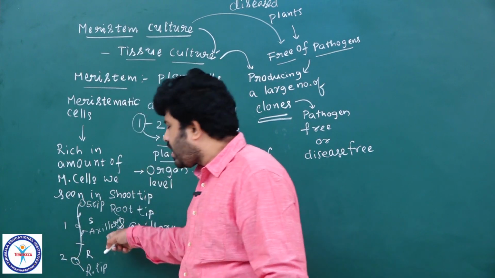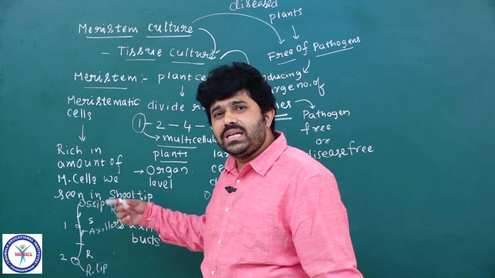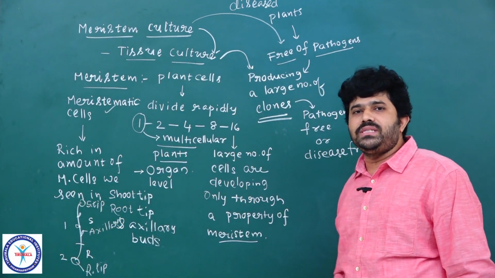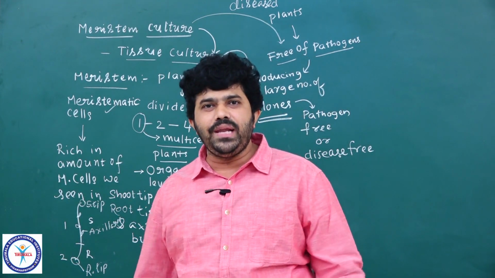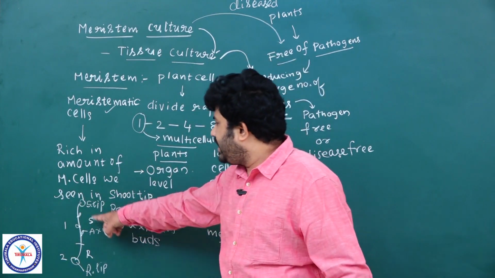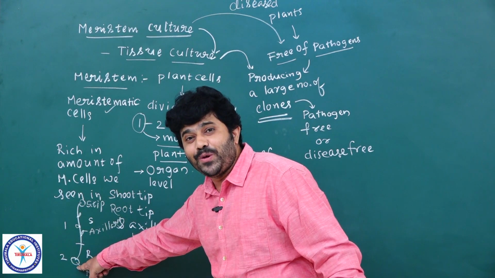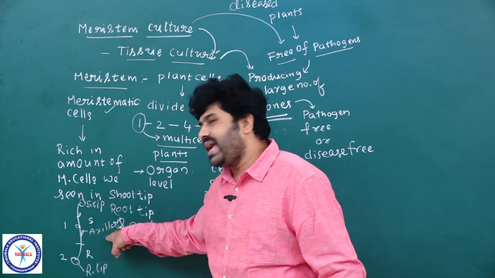These axillary buds are also very actively growing parts. Very actively growing parts means they contain meristematic cells. Wherever growth is seen in the plant body, that growth is only influenced by meristematic cells. See here, the tip of the shoot and the tip of the root are very young, rapidly growing parts of the plant, along with axillary buds.